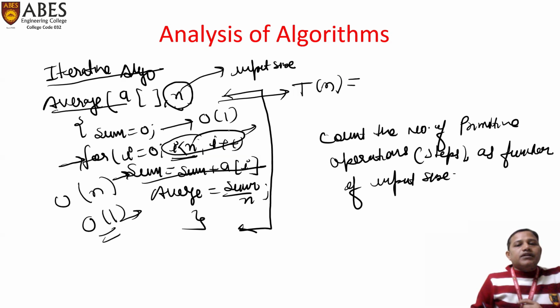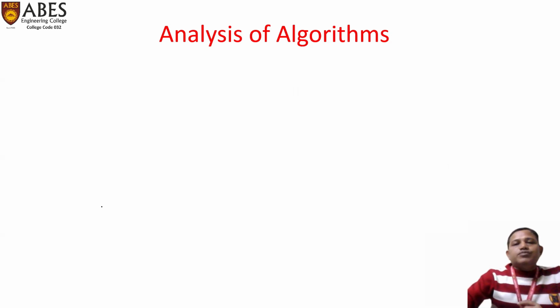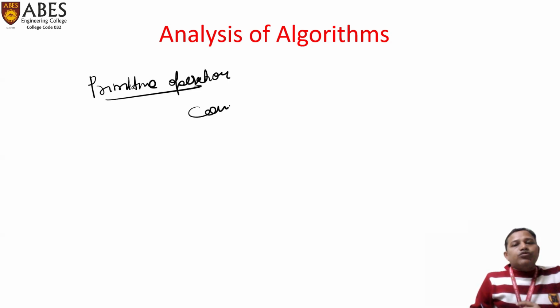So basically time complexity depends totally on iterative and recursive functions, how many steps these primitive operations will execute. Basically, what are primitive operations? You know about primitive operations. Primitive operations of a program or algorithm are basically, in a computer there are two types of operations.